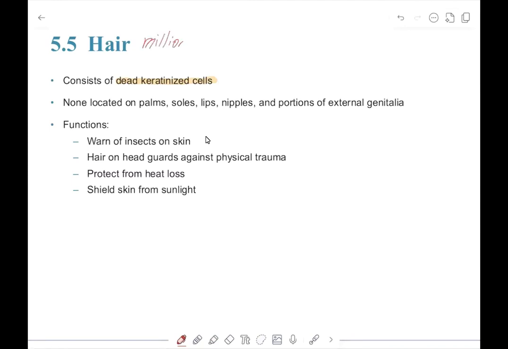There are millions all over our skin. But there are certain places where we do not have hair, and those places include the palms of our hands, soles of our feet, the lips, nipples, and also portions of the external genitalia.